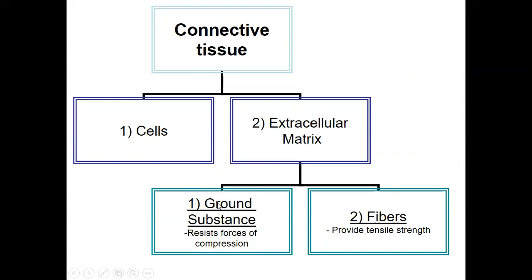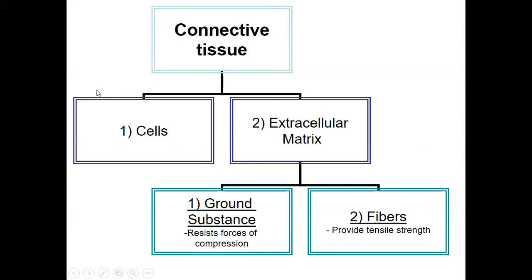The extracellular matrix is composed of two components: the ground substance and the fibers. The ground substance resists the force of compression. The fibers provide the tensile strength. So that is the connective tissue.